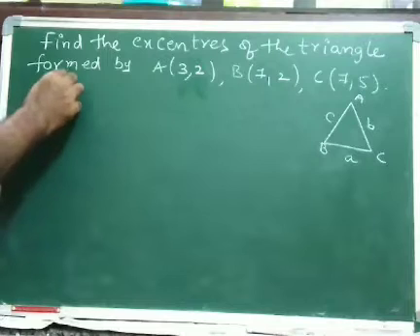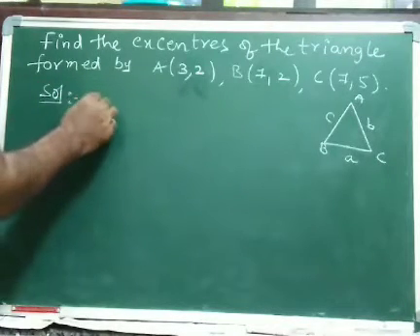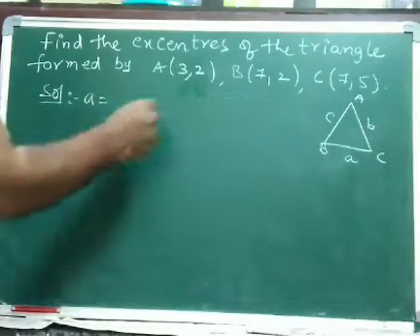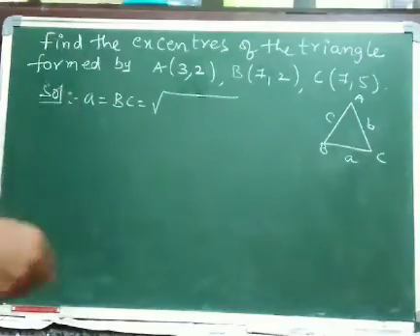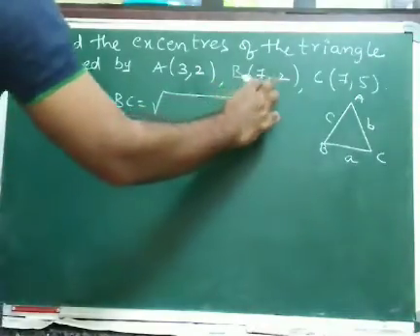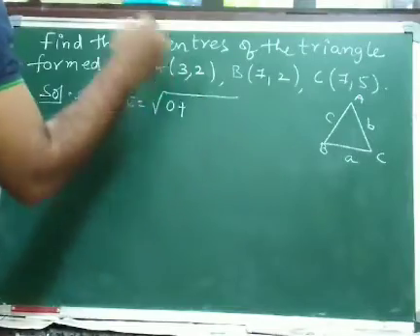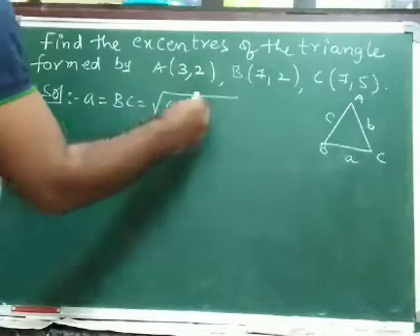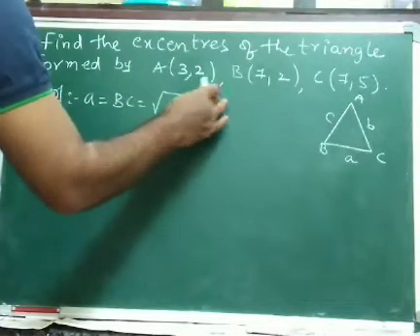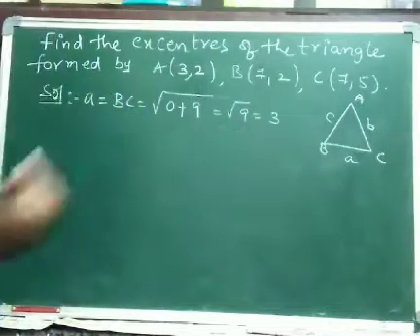So coming to the solution, let me find out small a. Small a is nothing but the distance between B and C. So see here, (x1 minus x2) whole square, (7 minus 7) whole square, which is 0, and (2 minus 5) whole square, minus 3 whole square, which is 9. So it equals root 9, and finally 3 units.